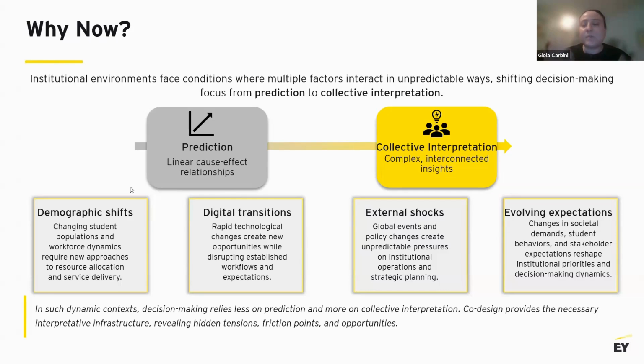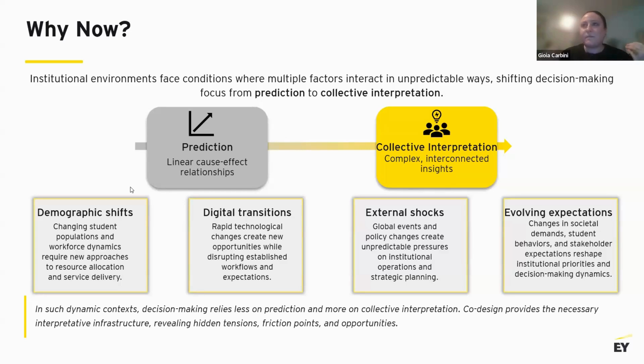Universities, public authorities, and all these multi-actor ecosystems operate in conditions where demographic shifts, but not just demographic shifts, digital transitions, external shocks, and evolving expectations truly show a situation where no single unit, no single stakeholder can fully anticipate what this could lead to. So, in terms of global events, wars, sustainability, social climate, etc., we use co-design to provide exactly an interpretative infrastructure to those problems.